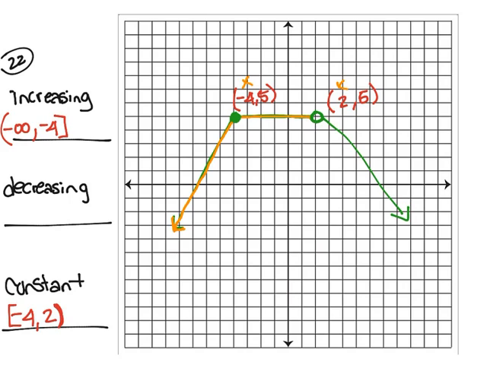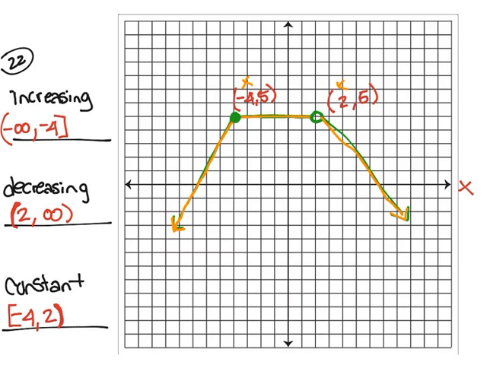That means it's not included. And then at 2, if we follow, I'm decreasing, okay? So that would be decreasing from +2. And keep in mind we're doing this in terms of the x-axis. So that's on the right side, so that would be positive infinity. Make sure you have an open parenthesis on that +2. Okay?